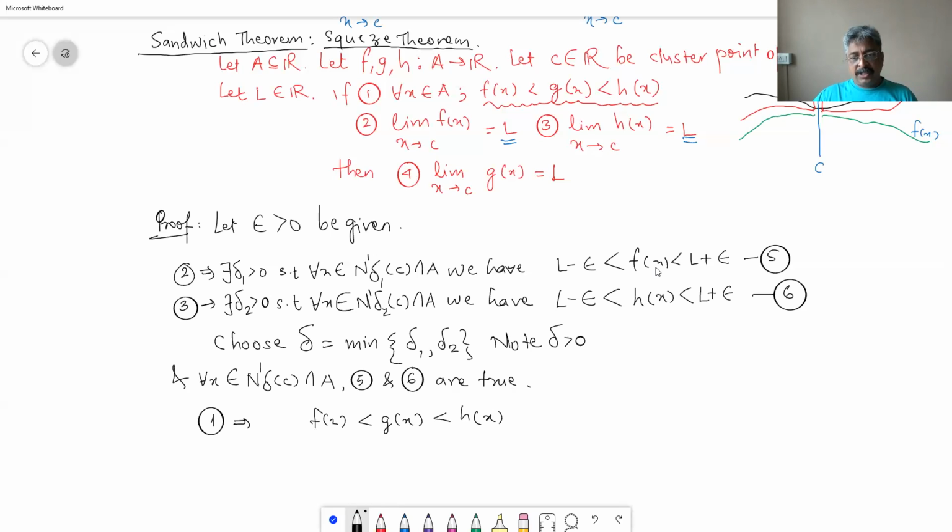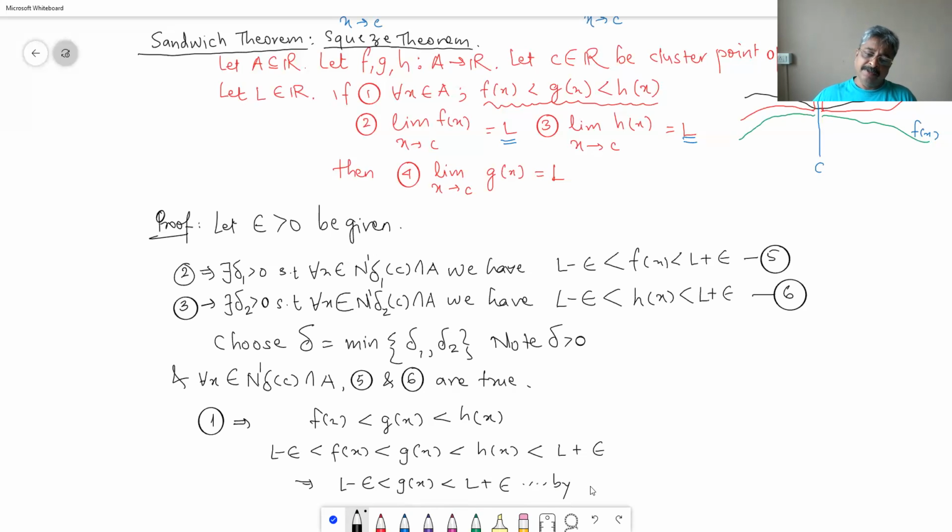So if we consider this, L minus epsilon is less than f of x is less than g of x is less than h of x is less than L plus epsilon, implies L minus epsilon is less than g of x is less than L plus epsilon.